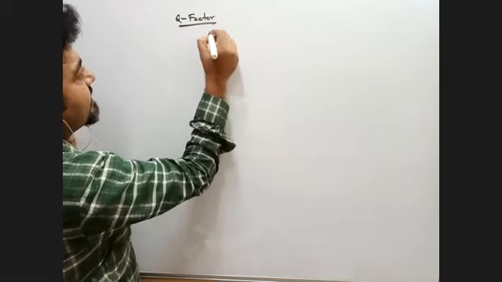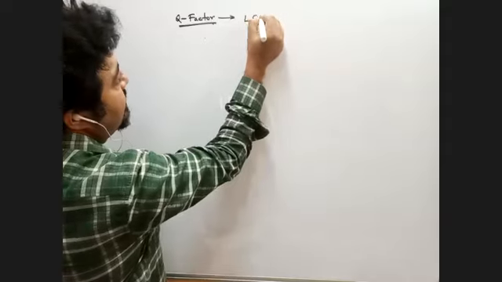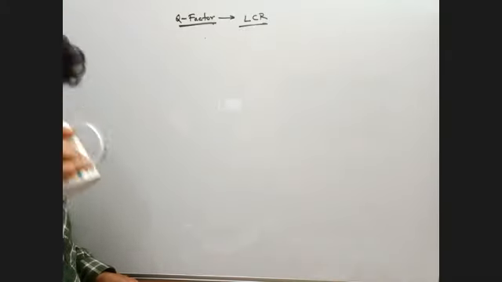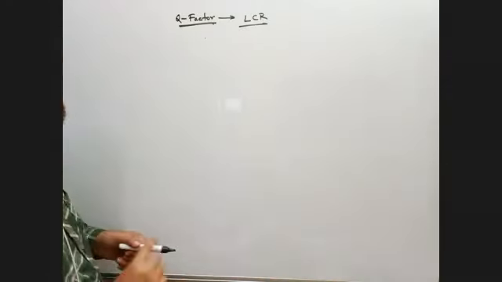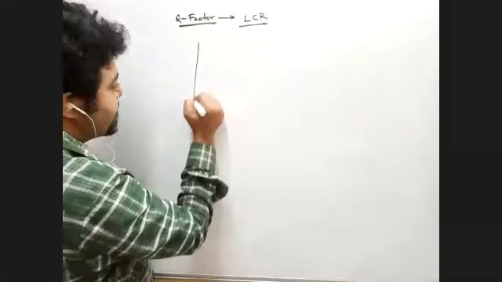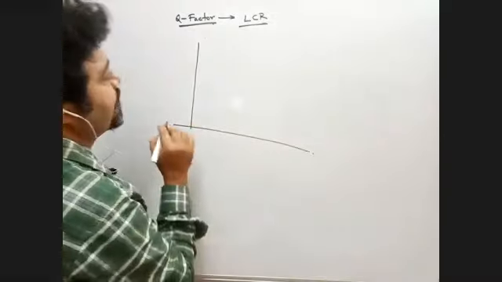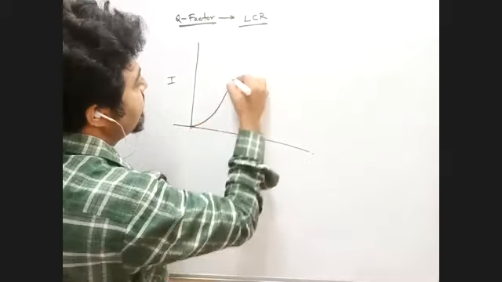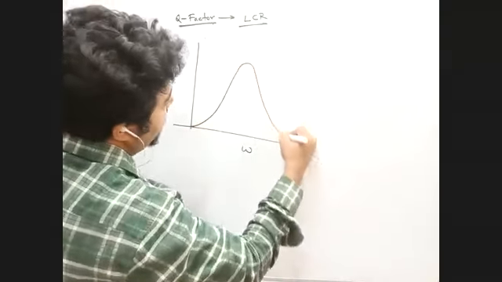Q factor is especially for the LCR circuit. In the LCR circuit, if this is the current and this is the frequency, we already saw the graph is like this.